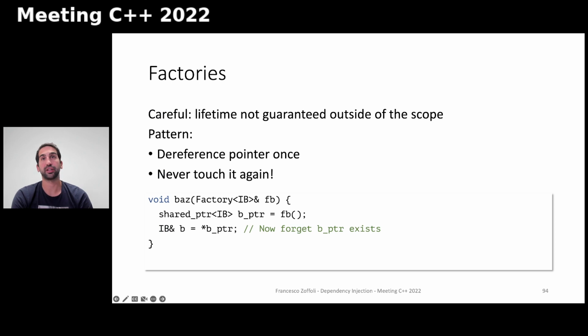There's a safe pattern that you can follow, which is that you take a shared pointer as the dependency, you dereference it to get the reference, and from there on you forget that the shared pointer exists, because the shared pointer is guaranteed to be valid only for the scope of your function. This is quite similar to structured programming and structured concurrency, where this helps guarantee the lifetime of your dependency. But this is a drawback that having shared pointer provides.